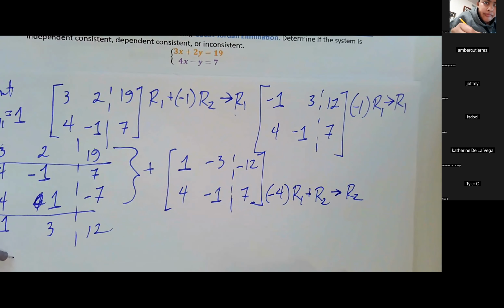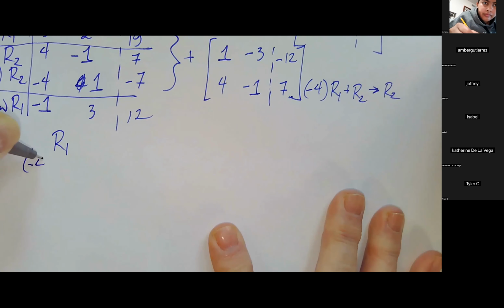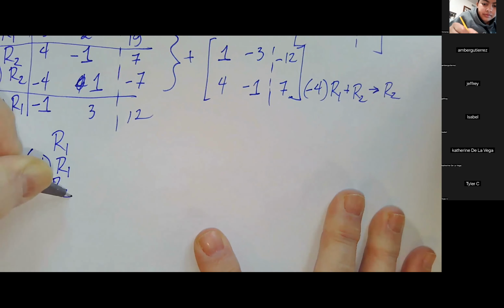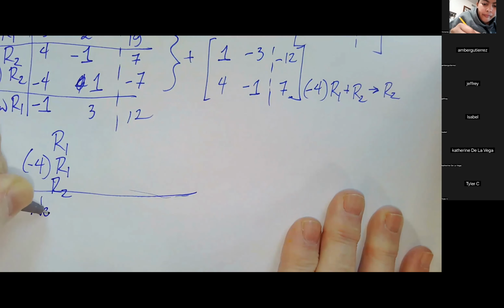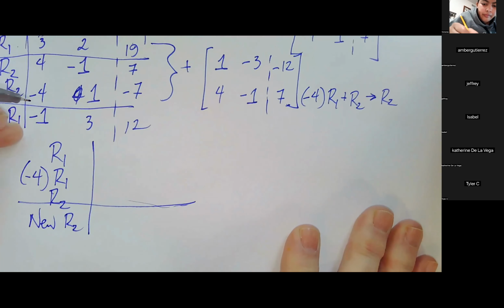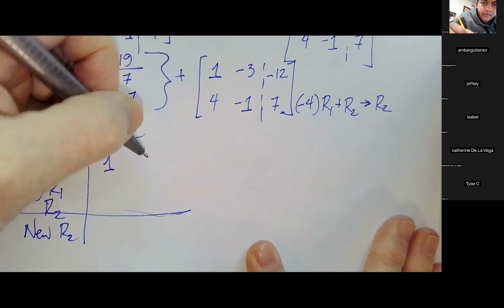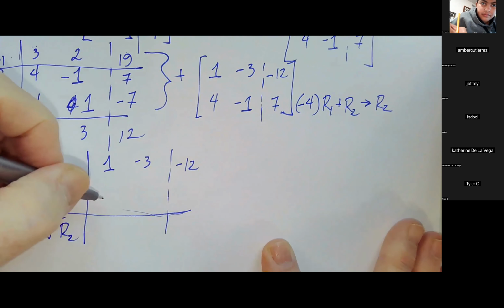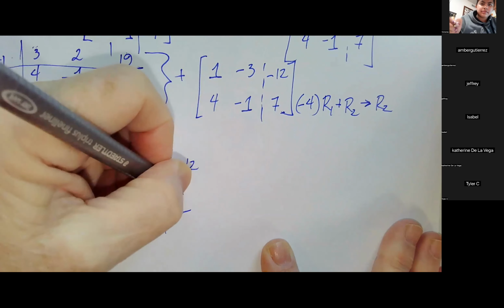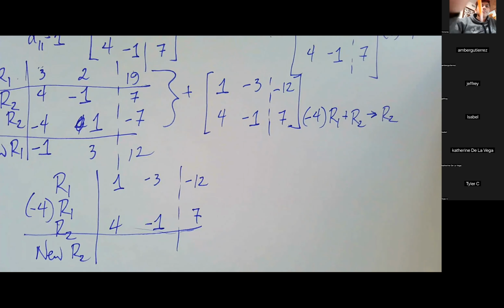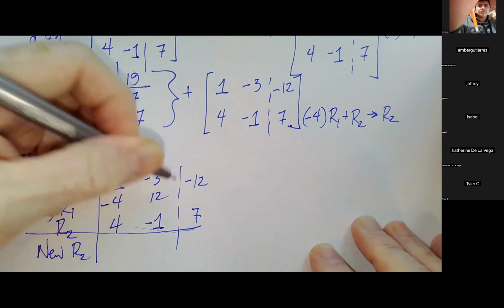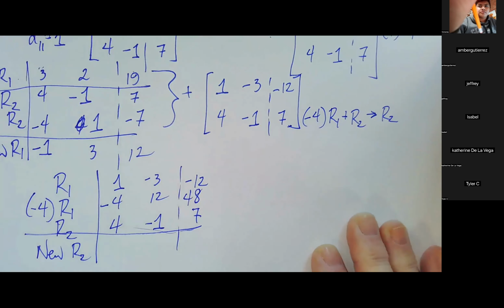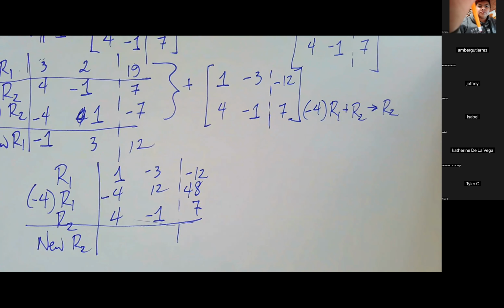Okay, so we've got row 1, -4 times row 1, row 2, and the new row 2. Row 1 is 1, -3, -12. Row 2 is 4, -1, 7. What is -4 times row 1? -4, 12, 48. Okay.